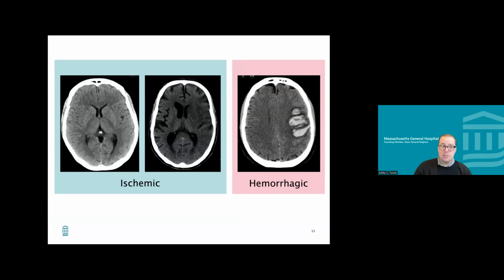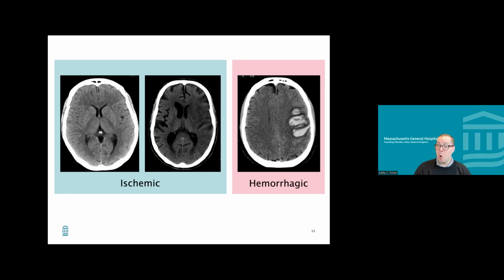And again, the key thing here is to distinguish whether this is a bleed, as in the picture on the right with the pink outline, or if this could be more of an ischemic stroke. If a patient were to get in quick enough who is having a stroke, the initial CAT scan may be normal in an ischemic stroke.